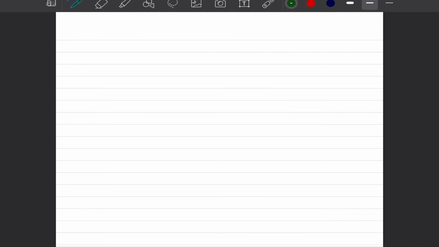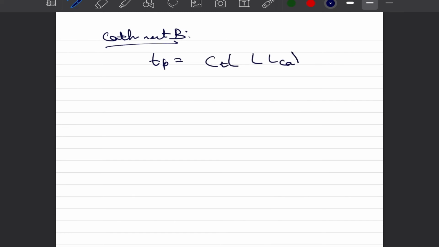So now we will move to catchment B and try to apply all the same equations and obtain our answers here. For catchment B, we can calculate TP as CT into L into LCA raised to power 0.3. We have already calculated CT as 1.257.